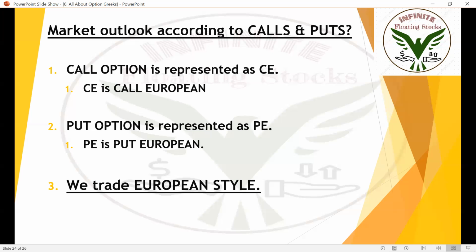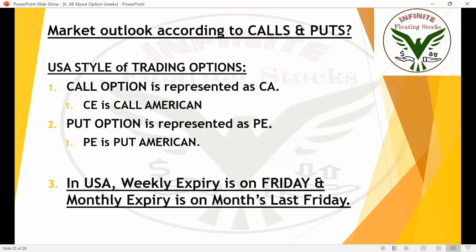Weekly expiry will be on Friday and monthly expiry will be on the month's last Friday. That's for Americans. We follow European style, so our weekly expiry is on Thursday and monthly expiry is on the month's last Thursday. Oh my God, I have written this. I thought I forgot.